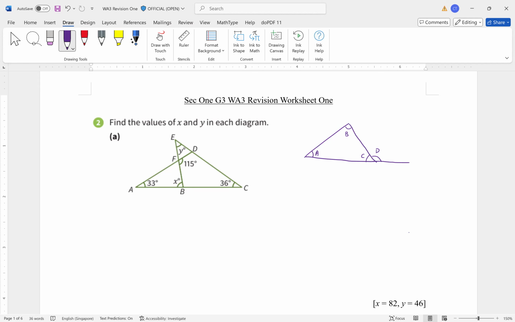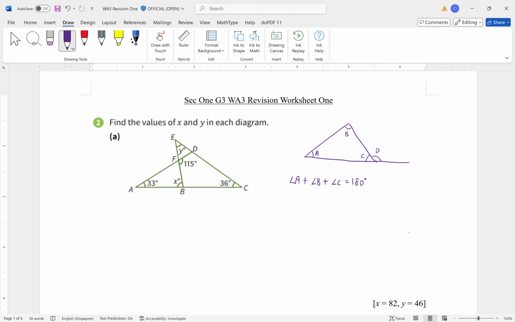We know that the sum of angles inside a triangle is 180. So in other words, we can write angle A plus angle B plus angle C equals 180 degrees.